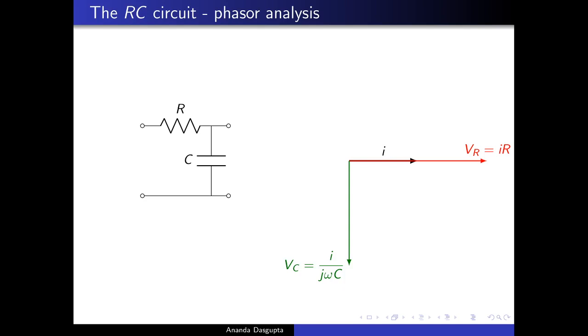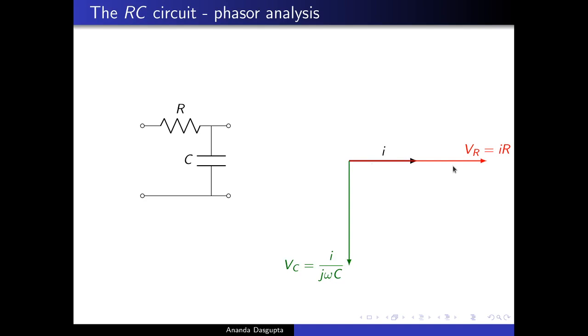It also gets scaled by the magnitude of z2. So here the size of Vc is set by this factor 1 by omega C, and the fact that there is an extra j here means that it's going to be exactly 90 degrees behind I, the terminology of which will become clear when we talk about how this thing changes with time, but it's going to be 90 degrees below the current and the voltage of the resistance.